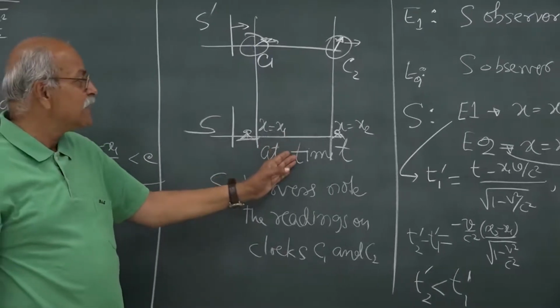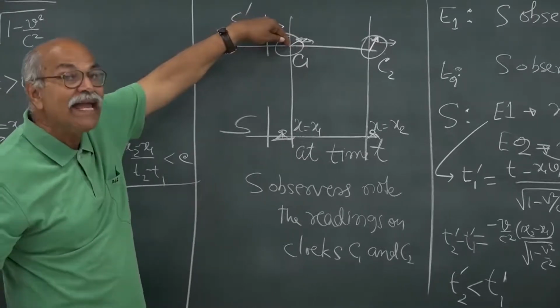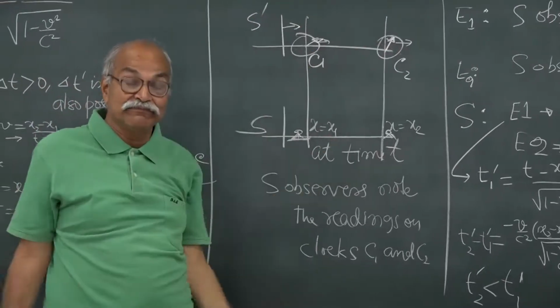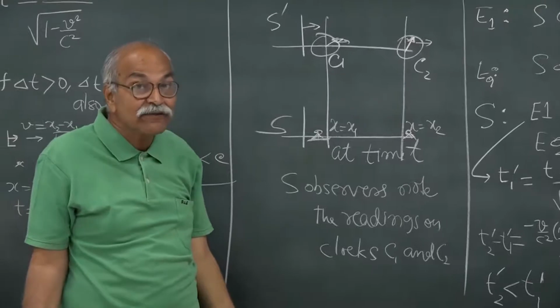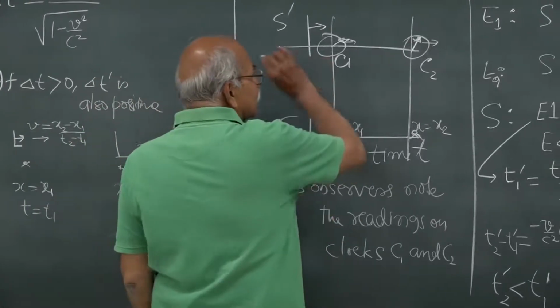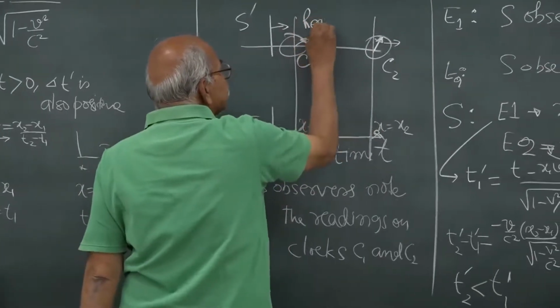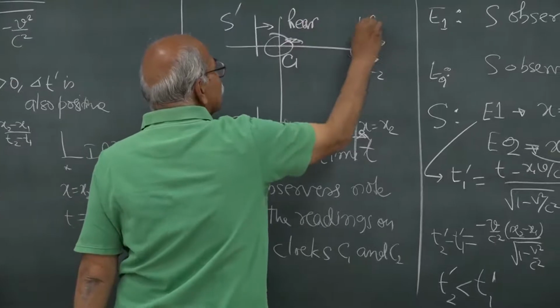So, for the S frame, this C1 clock is ahead of C2 for all time, they are not synchronized, and the rule we will formulate is that since the clocks are going towards the right, this is the rear clock and this is the front clock.